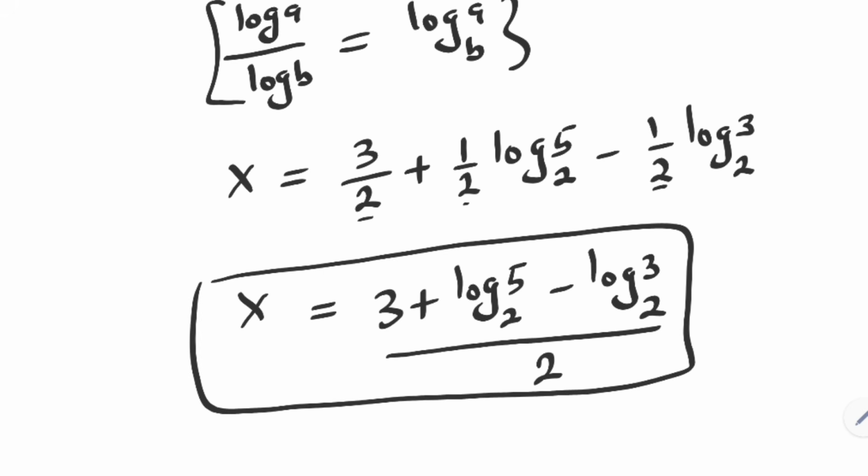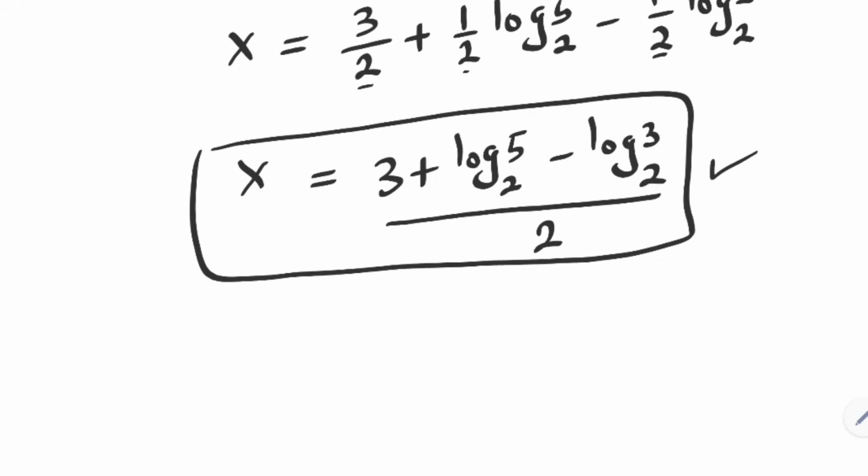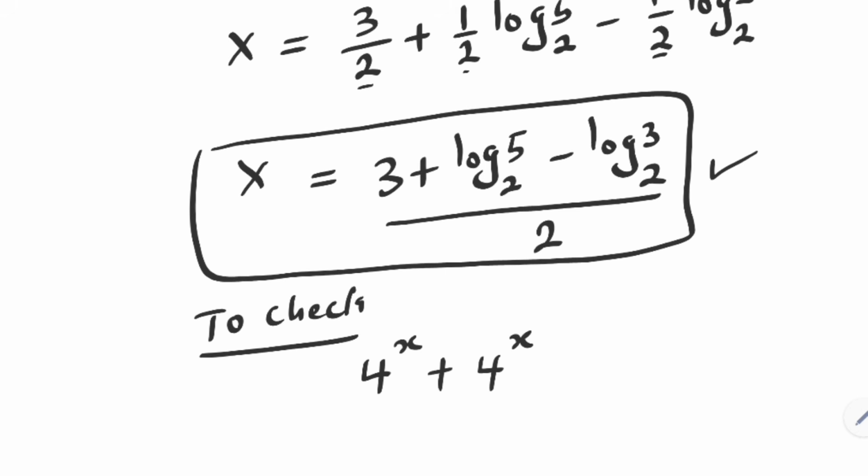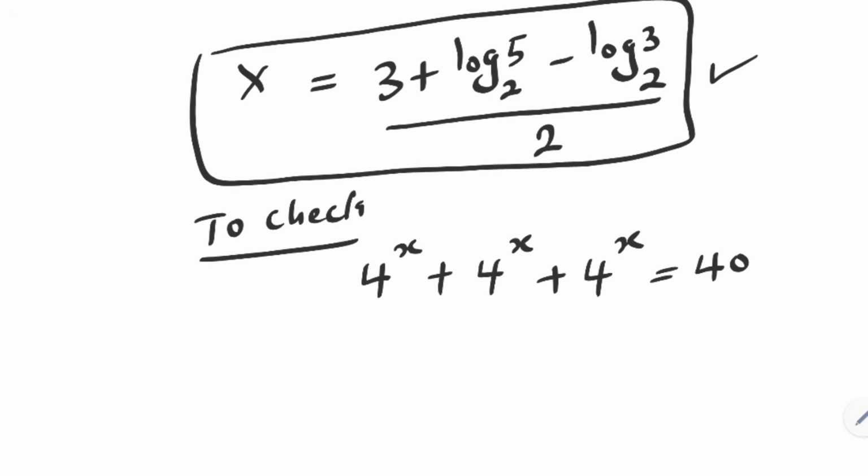We may check to confirm if this answer is right or wrong. Let's check. To check, we have the given equation 4 raised to power x plus 4 raised to power x plus 4 raised to power x is equal to 40. And this is the same thing as 4 raised to power x is equal to 40 over 3.